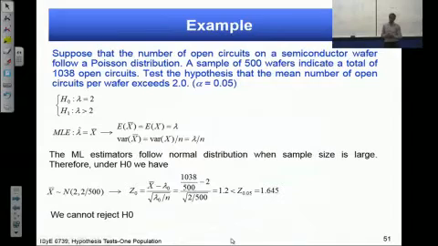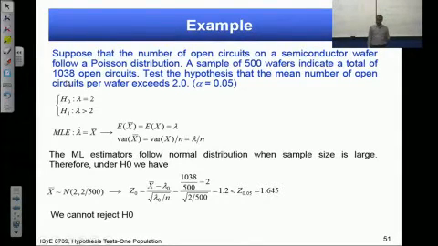This is an example for Poisson distribution. Let's say the number of open circuits on a semiconductor wafer follows a Poisson distribution. We have a sample of 500 wafers. As I said, the sample size should be large because we are talking about the asymptotic behavior of MLE. And out of these 500, I find 1038 open circuits.